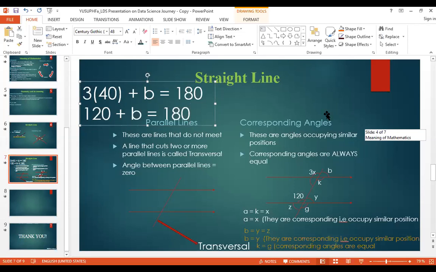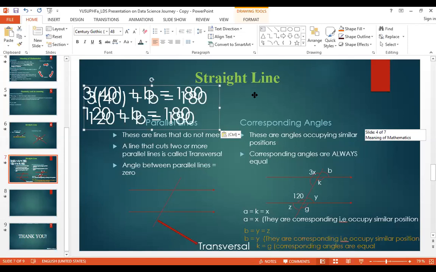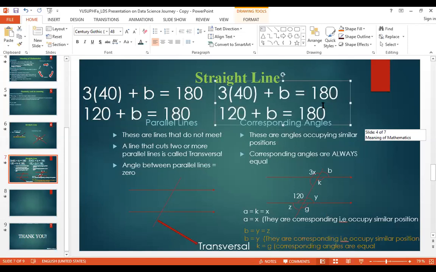Just look at what I'm typing at the top there. If you collect the like terms, your b will now be equals to 180 minus 120.